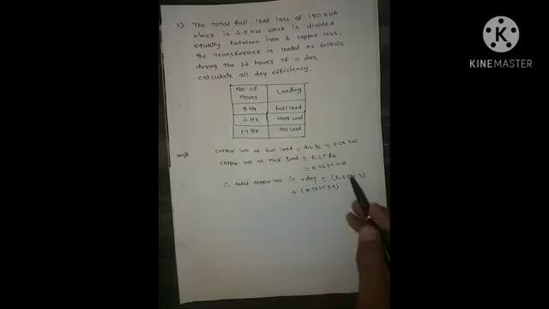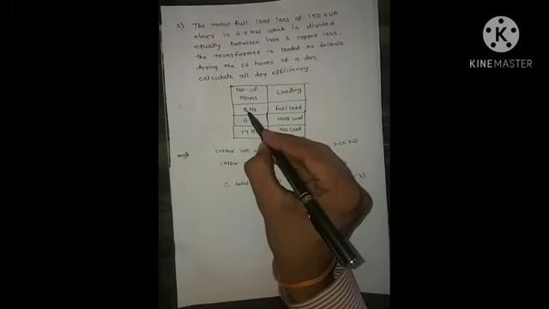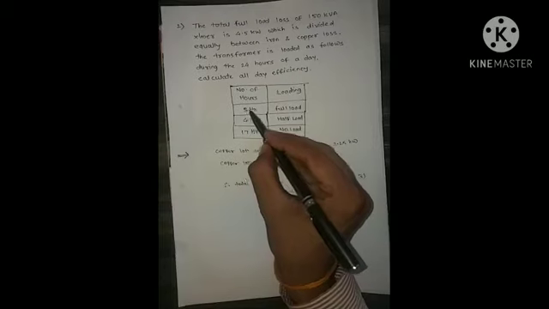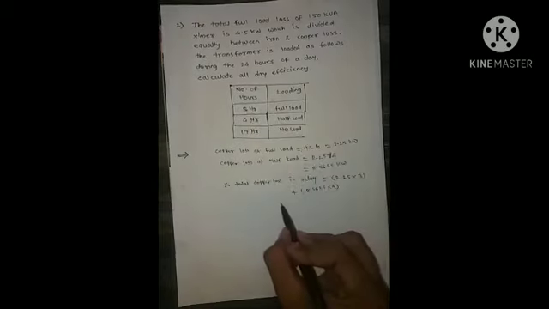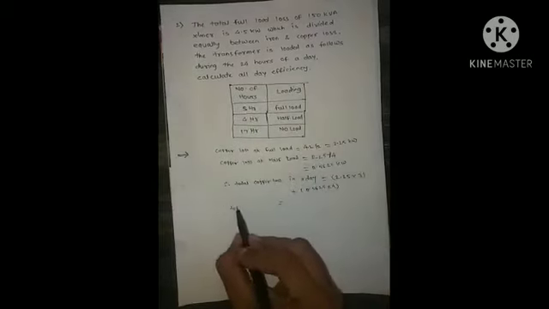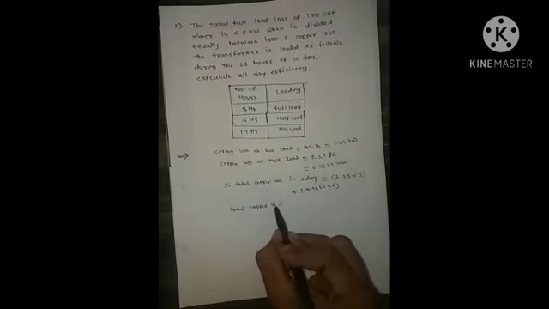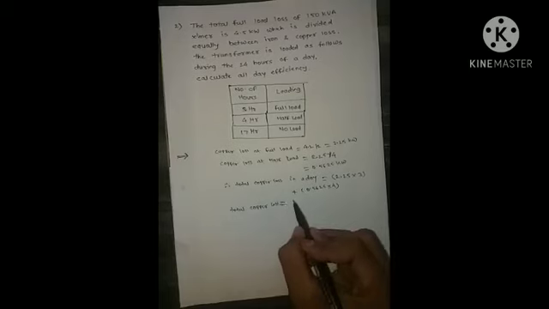We consider 3 hour and 4 hour because the half load is for 4 hours and the full load is for 3 hours. By calculating we will get the total copper loss equals 9 kilowatt.